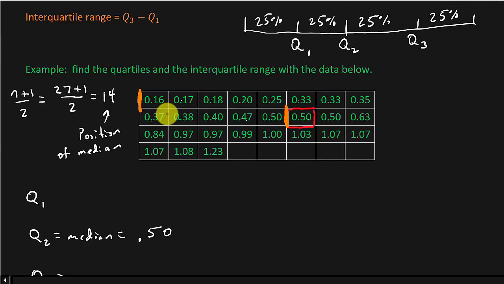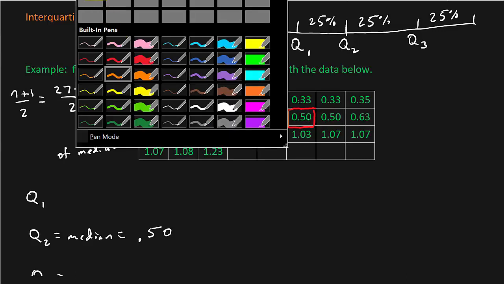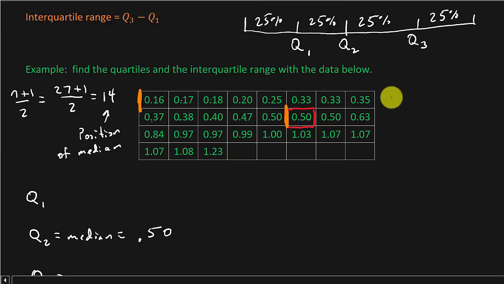So how many numbers do we have? 1, 2, 3, 4, 5, 6, 7, 8, 9, 10, 11, 12, 13. Okay, we do not include this one. So we've got 13 numbers. So I'm going to do n plus 1 over 2, which is 13 plus 1 over 2, which is 14 divided by 2 is 7.